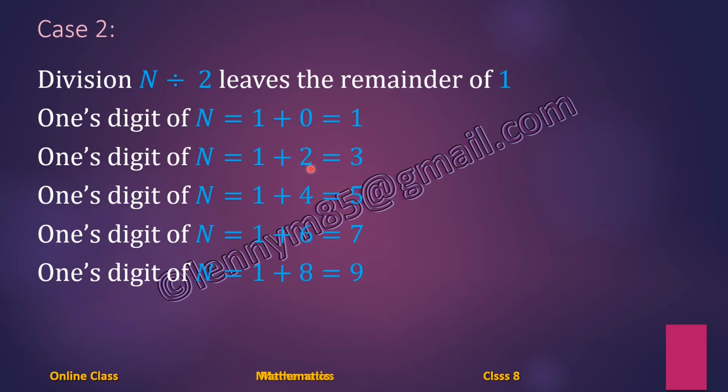Hence, I added 0, 2, 4, 6, 8 to remainder 1. That is 0 plus 1 is equal to 1, 2 plus 1 is equal to 3, 4 plus 1 is equal to 5, 6 plus 1 is equal to 7, 8 plus 1 is equal to 9. Therefore, the answer is 1 or 3 or 5 or 7 or 9.